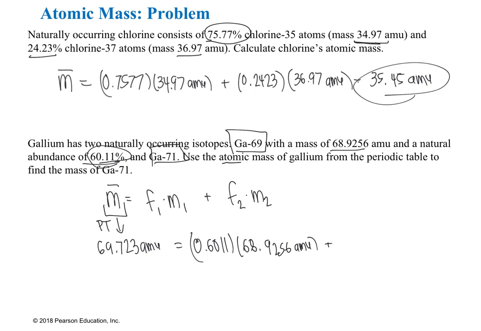But we know that there's 100% total, and one of the two is 60.11. So we know that the abundance, the percent of the other one, is 39.89%. So I can divide that by 100 and get 0.3989, and then solve for the mass of the second one.